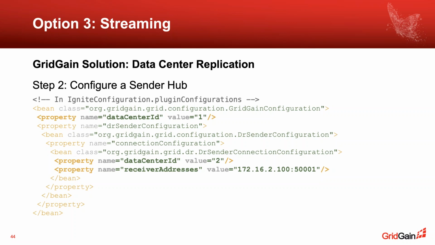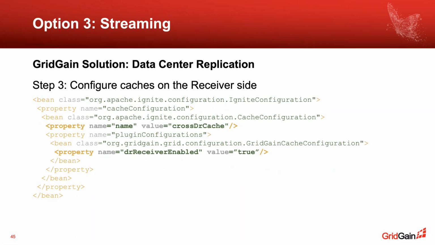And here we specify our primary data center ID, in this case 1, and we specify the ID of the data center we are replicating to, in this case 2, and the address of the receiver node, which we are going to set up later.